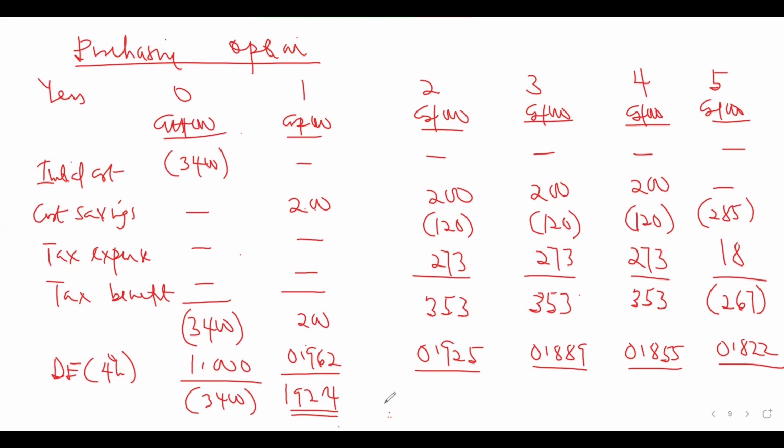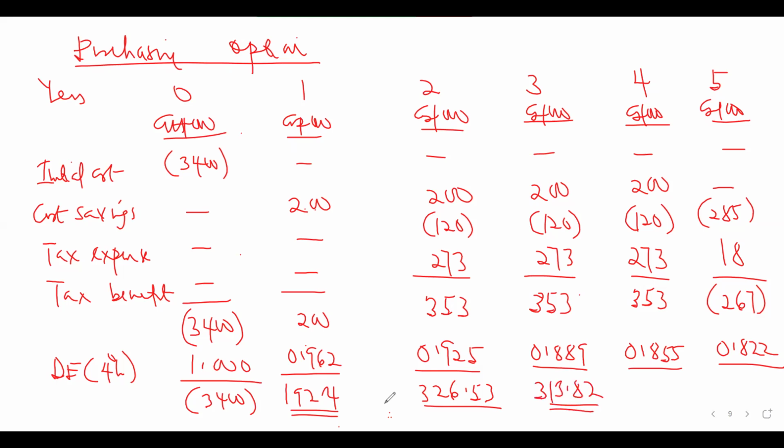Then 0.925 multiplied by 353, I'm having 326.53. 0.889 multiplied by 353, I'm having 313.82.